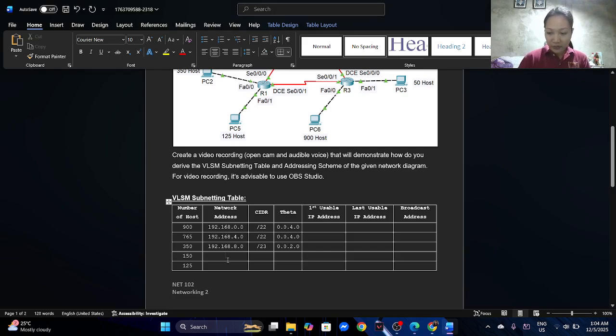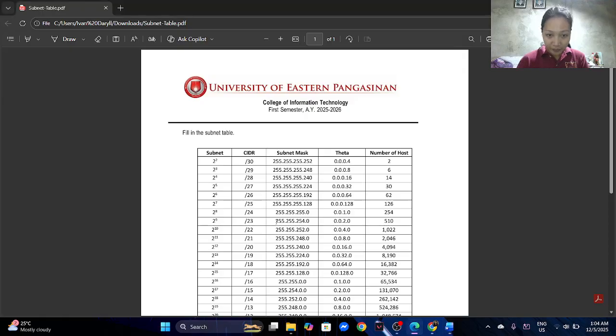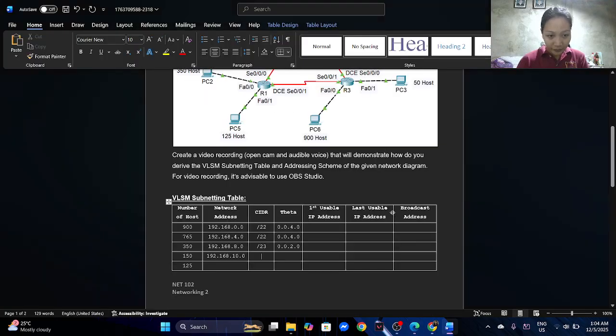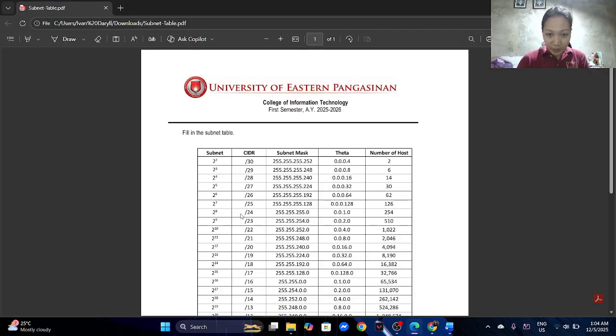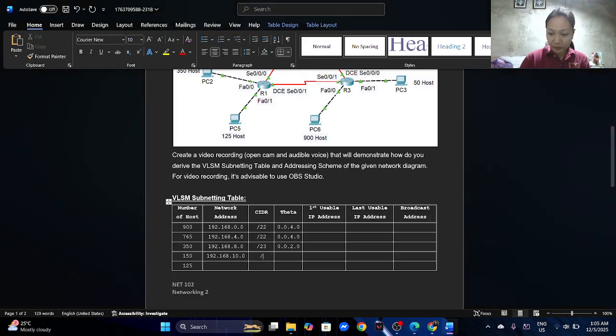So for the host 150, 192.168.8 plus 2, 10.0, CIDR /24, theta is 0.0.1.0.